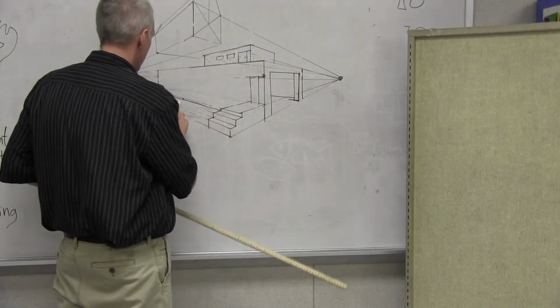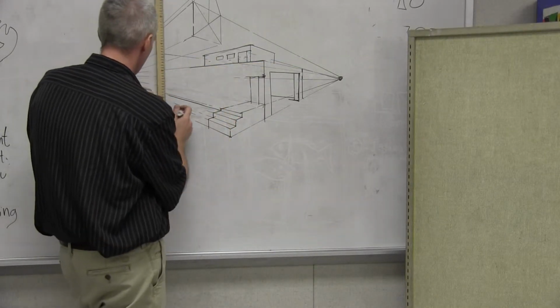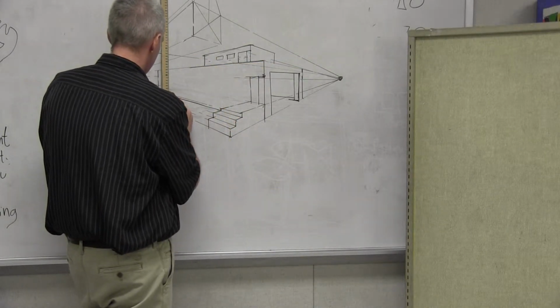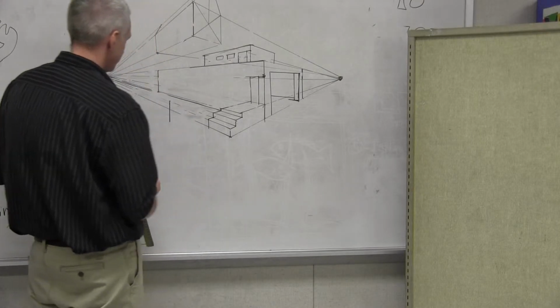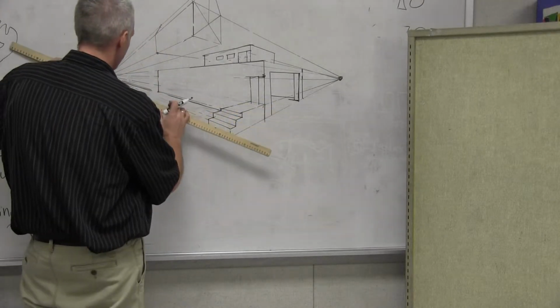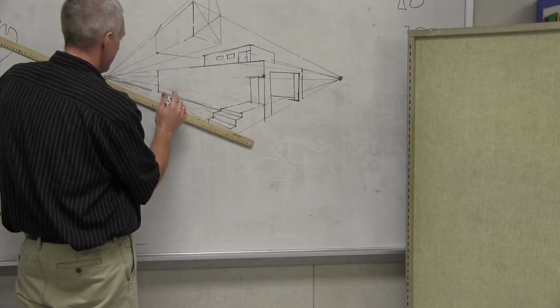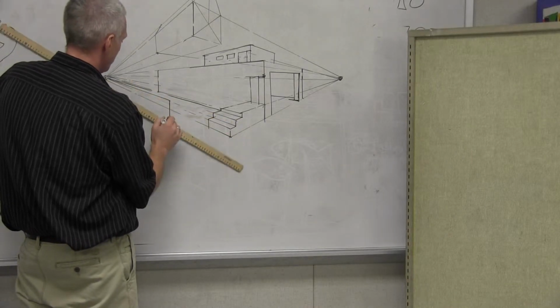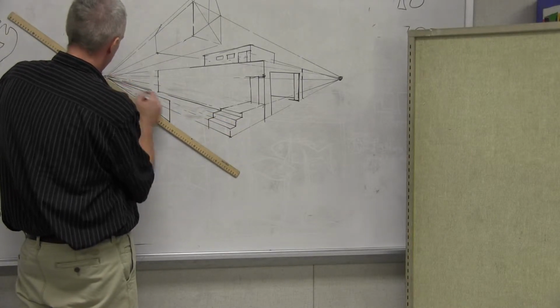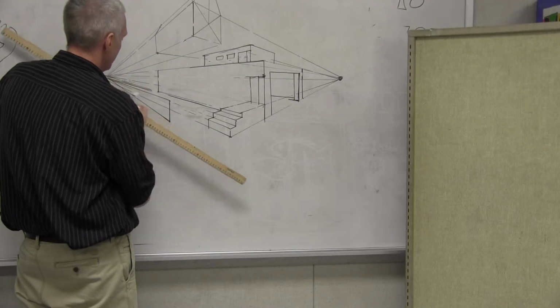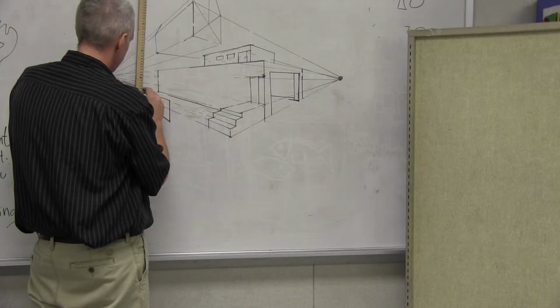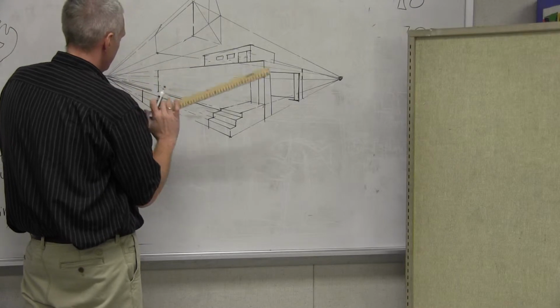How about a little bench right here in front? So, let's see. That can be the corner of the back of the bench. And just sort of bring everything back here to the vanishing point. There we go.